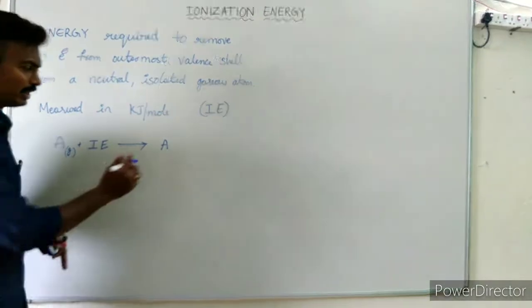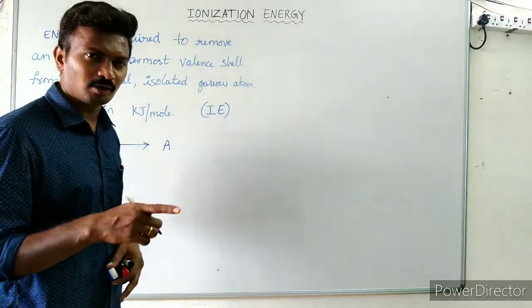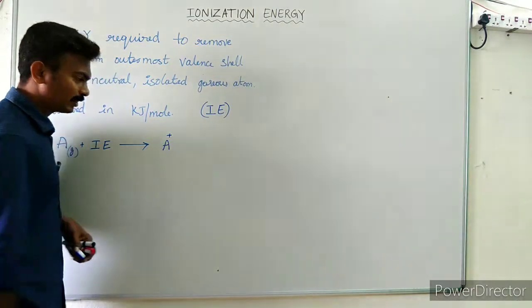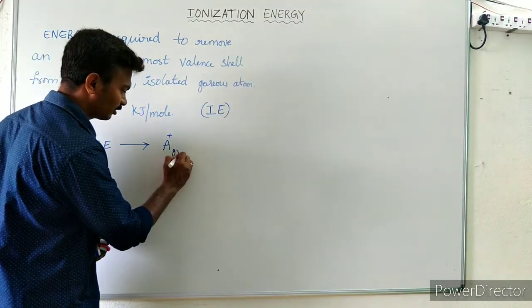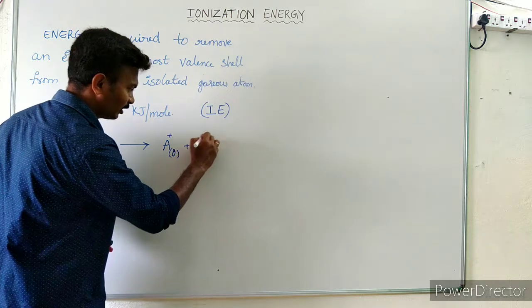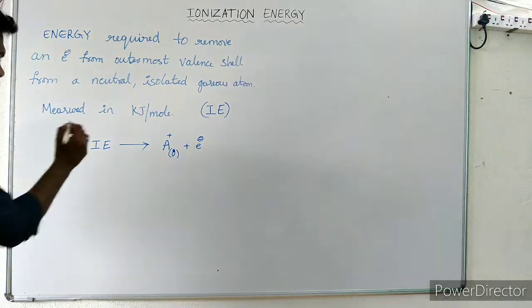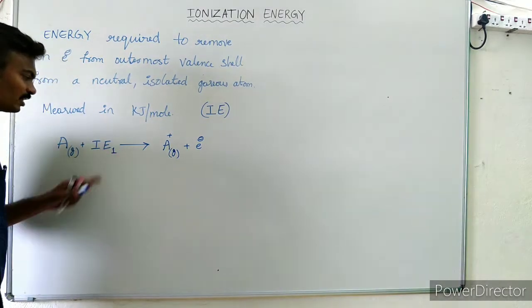Here we are removing an electron, so what kind of ion is going to form? It is a cation. So we get a cationic species. In this way, the electron is removed from it. So this is the first ionization energy.